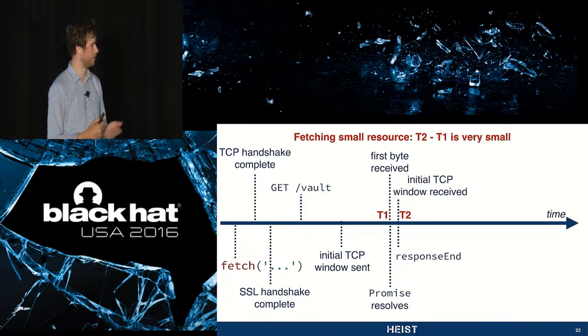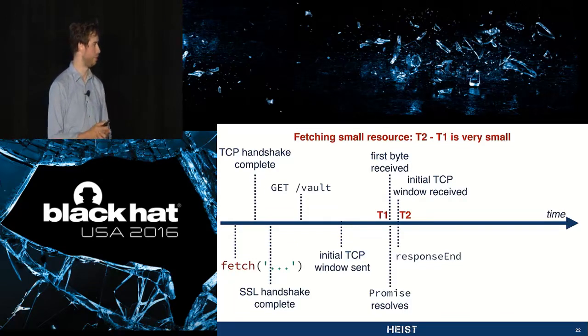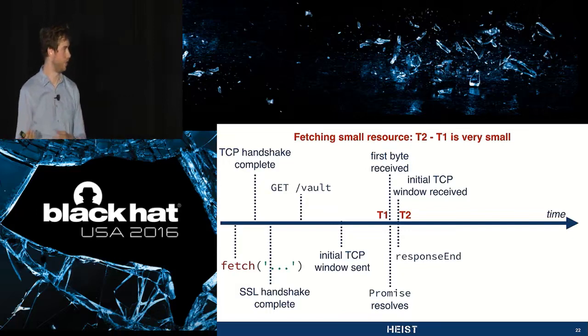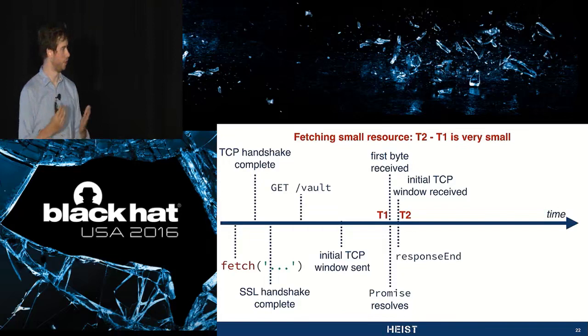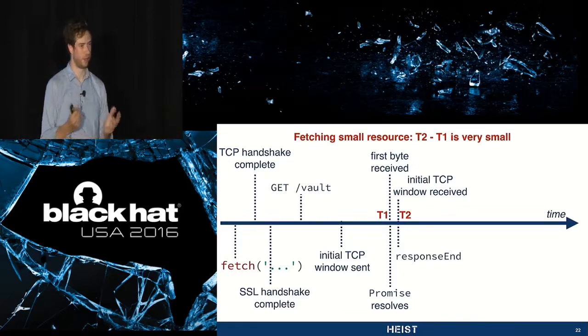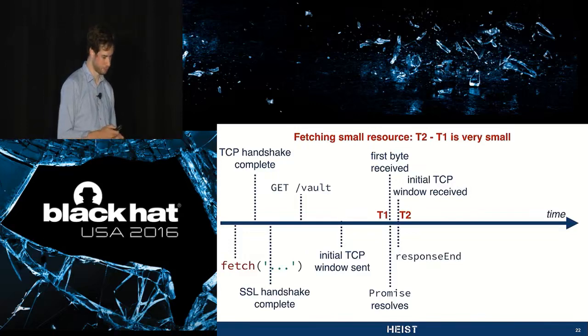So we mark this as T1. This coincides with when the promise of the fetch method resolves. And a very minimal time after that, the complete response is in, because all the TCP packets were sent in a single burst. This time is very minimal.